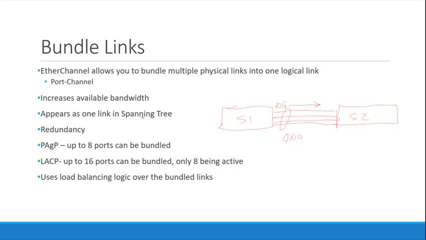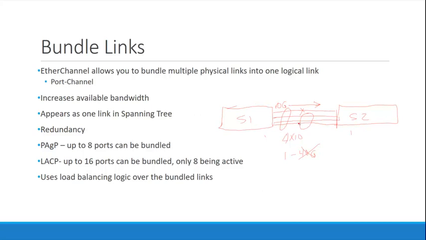And then also we look at the redundancy piece. We'll look at the spanning tree piece because we want to see how it behaves. It's kind of cool. But the redundancy piece is this. If I have one 40 gig link and that link goes down, I now have no connection between switch 1 and switch 2. If I have 4 10 gig links and say this link goes down, these guys will stay in the bundle.